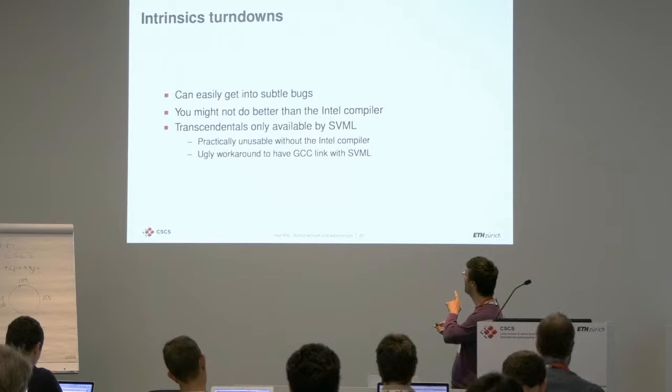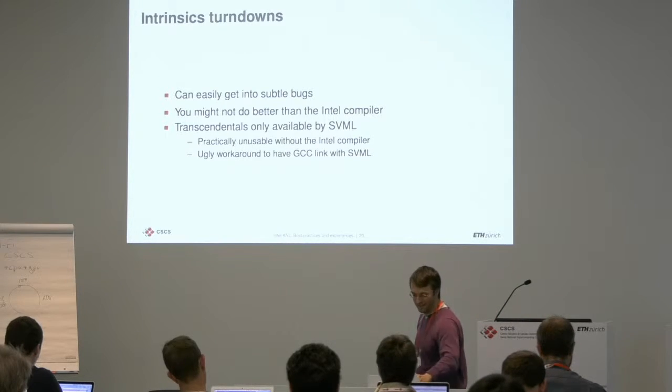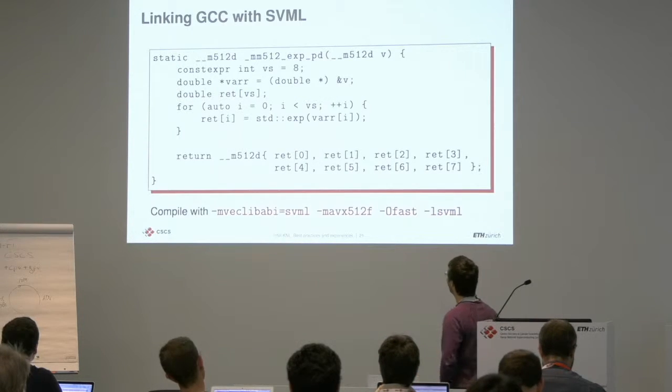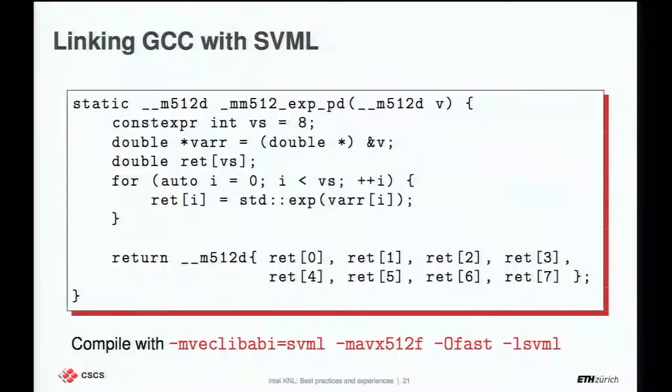I'm going to show you, just for reference, how you would achieve the equivalent of _mm512_exp_pd. Basically, the only way to hint the GCC compiler to get a vectorized call is to do this. There is no such thing as an intrinsic function or a directly visible vectorized transcendental operation.